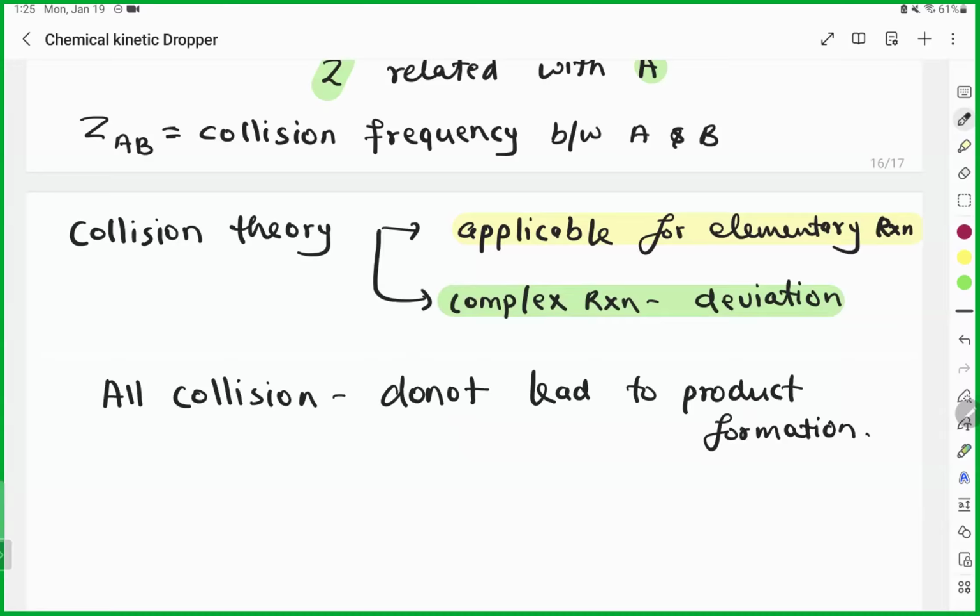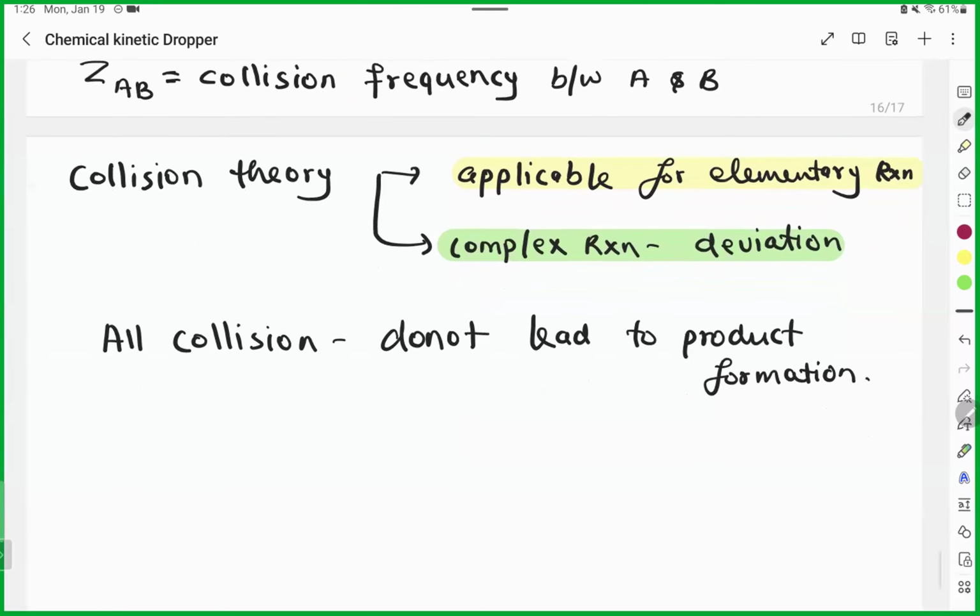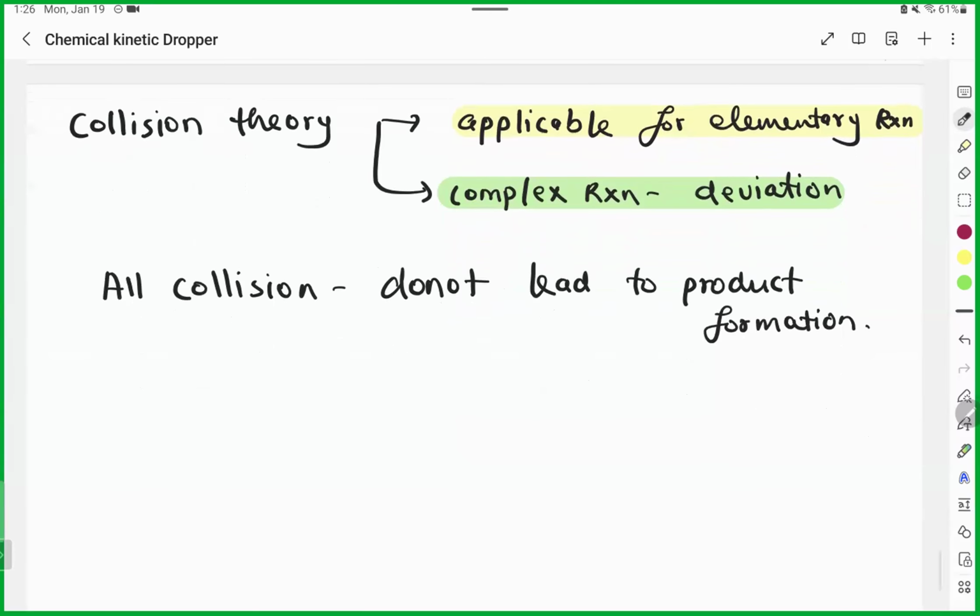If your orientation is wrong, then there will not be effective product. Orientation is extremely important. Sometimes for the effective collision, you also consider one factor that is known as probability factor or steric factor.